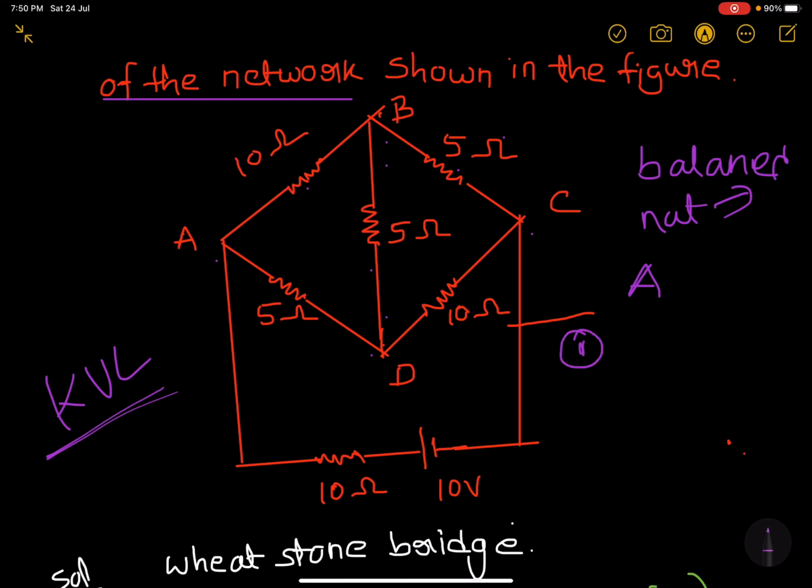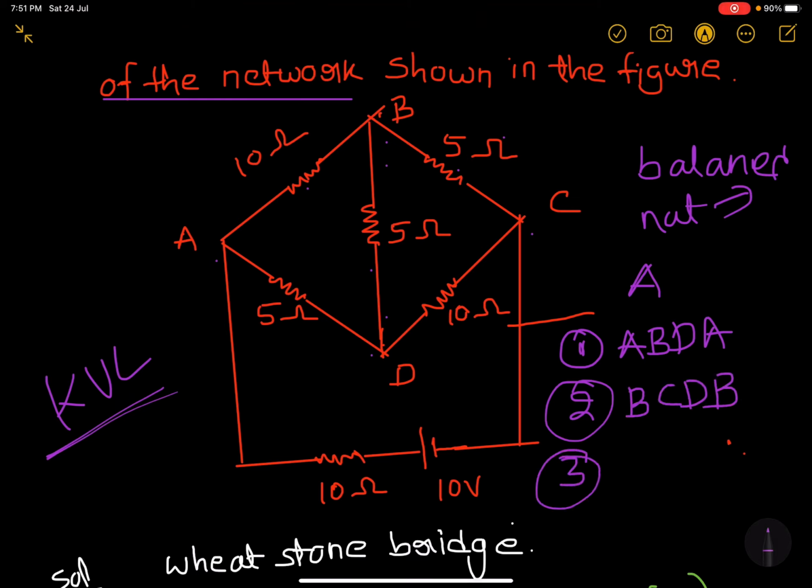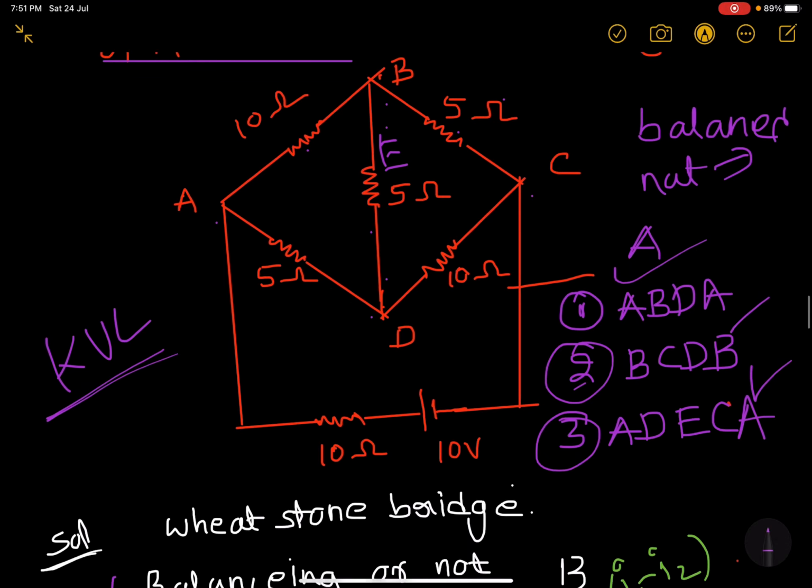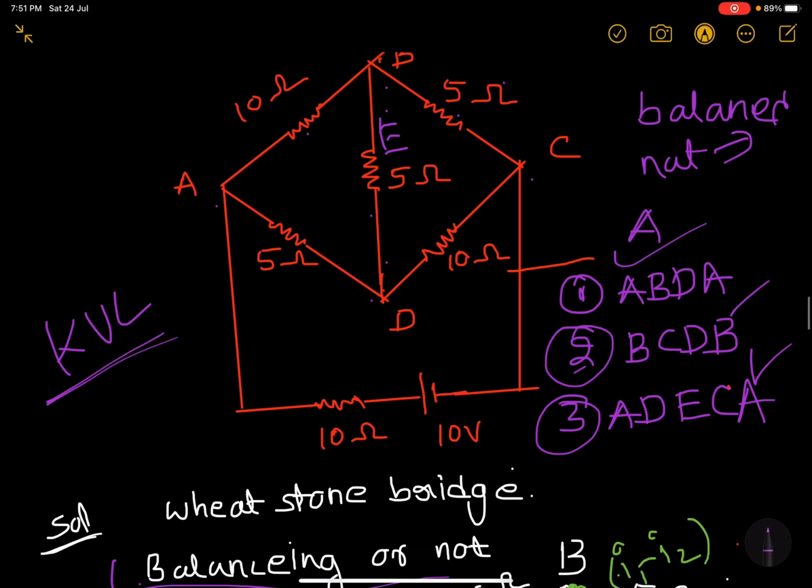First loop: A B D A. Second is B C D B. Third is A D E C A. These 3 loops we should find out, and then we will get the currents I1 and I2. From I1 and I2 we can find the current I, and next every branch we can solve.